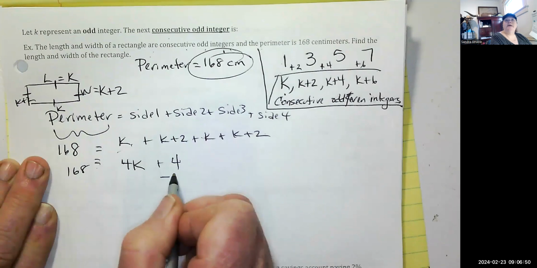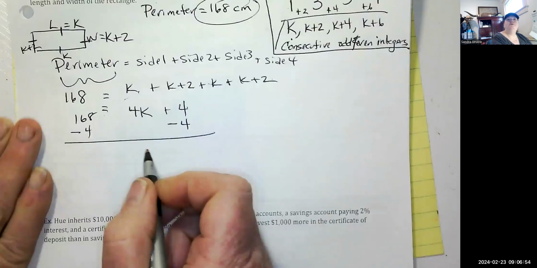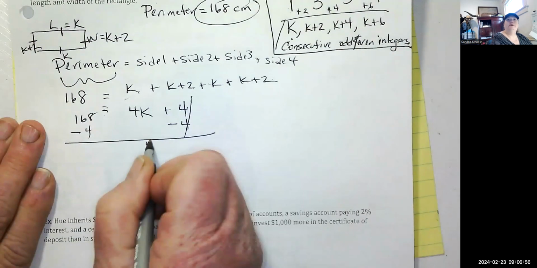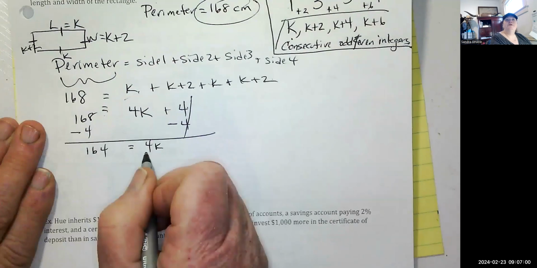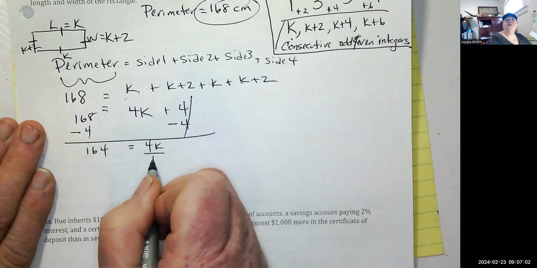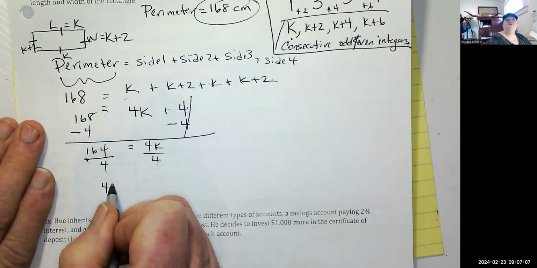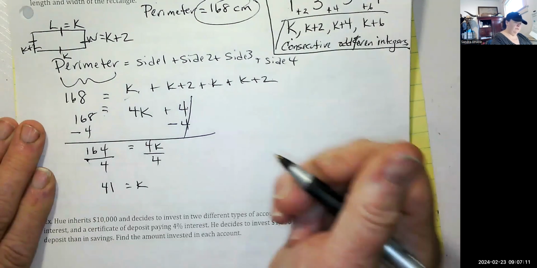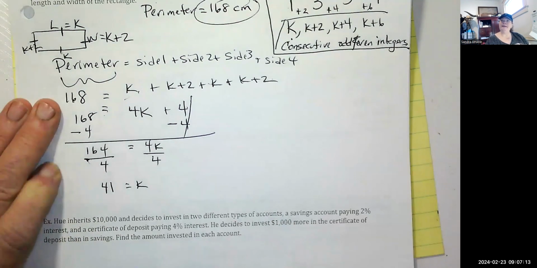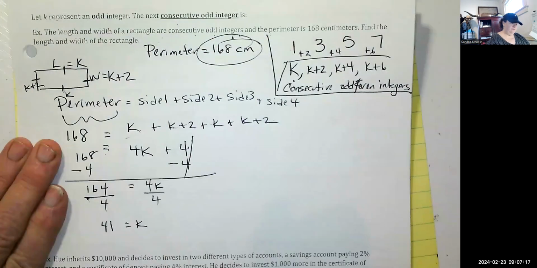So now I need to isolate k, get it all by itself on one side. So subtracting 4 from both sides, we get 4k is equal to 164. 4 is attached to k by multiplication, so we have to divide both sides by 4. And we get 164 divided by 4 is 41. Okay, so that's not our answer. It says find the length and width of the rectangle.